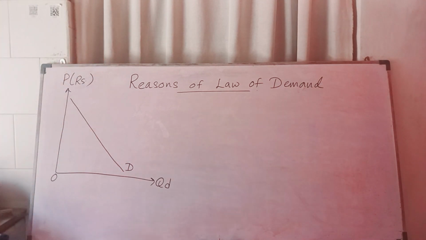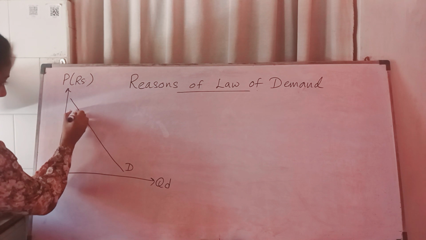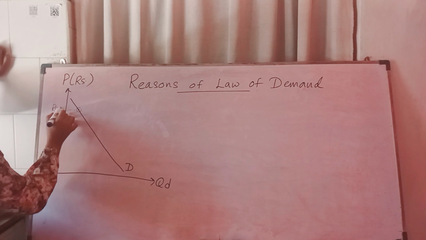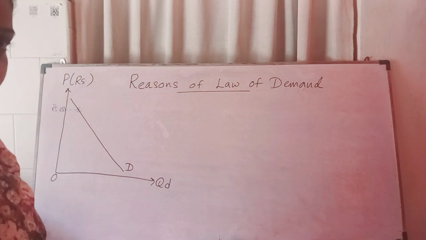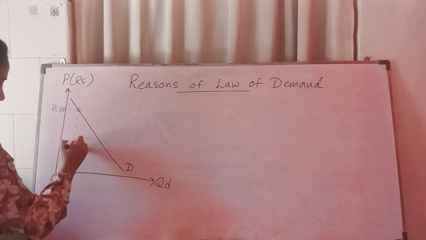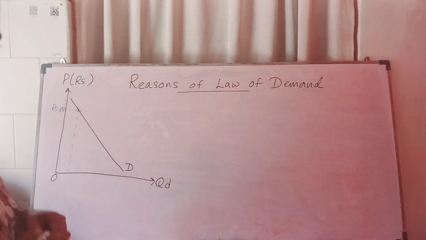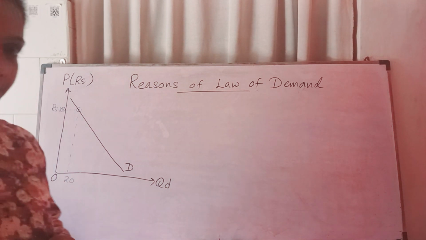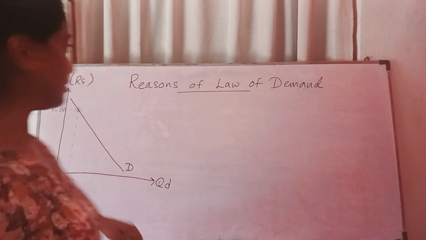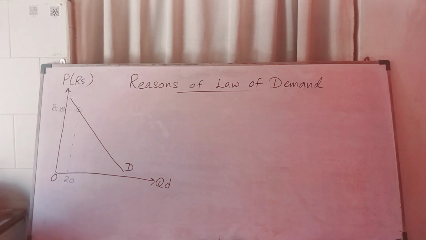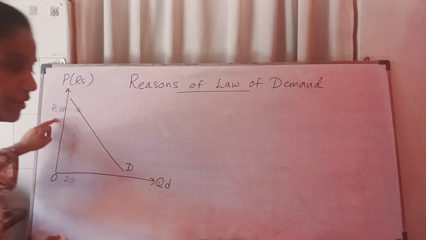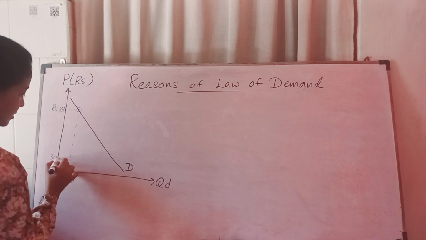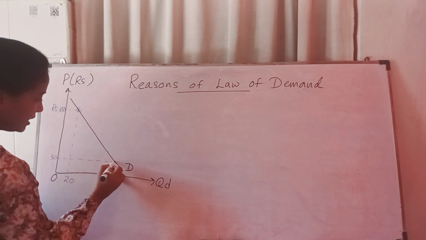What does it mean? Here, children, let's take an example. Let's take the price of a particular good as 100 rupees. Let's assume consumers buy only 20 units of that good. But if the price of this good reduces from 100 to 30 rupees, then what happens to its quantity demanded?